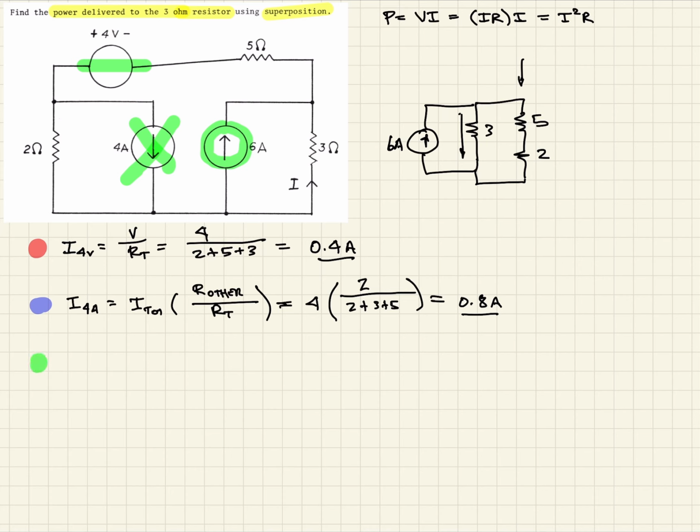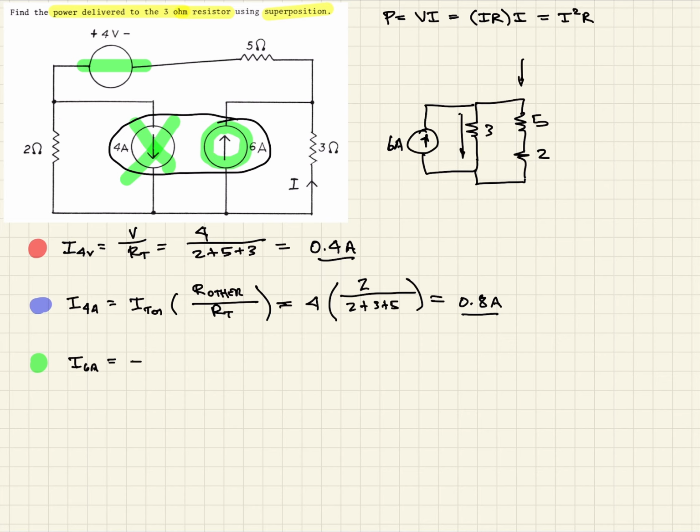So again, we'll calculate this source, and this will be I from the 6 amp source. In this case, this current is in the opposite direction from what we had before, and it's working against the other two sources. So we'll make this a negative, and the total current is 6.